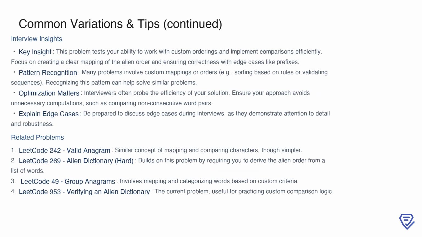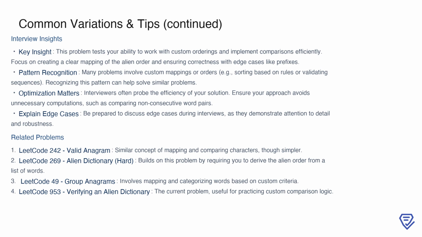This problem is not just about verifying an alien dictionary, it tests your ability to handle custom orderings and implement comparisons efficiently. A key insight is to focus on creating a clear mapping of the alien order and addressing edge cases like prefixes explicitly. This pattern of custom mappings or orders is common in problems like sorting based on rules or validating sequences. Recognizing such patterns can help you tackle similar challenges more easily.